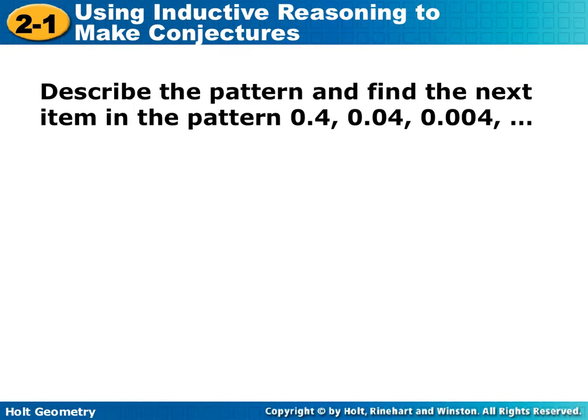He's close, but I wouldn't count that right. Why would I not count it right? Here's what he said. I wish I could write up there, but they haven't figured it out yet. 0.0004 is not the next thing in the pattern. You need a 0 in front of it because that's what was in all of those. So put a 0 in front. And then that's what comes next in the pattern.